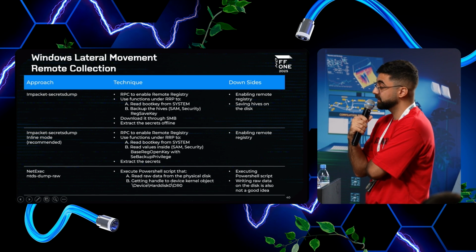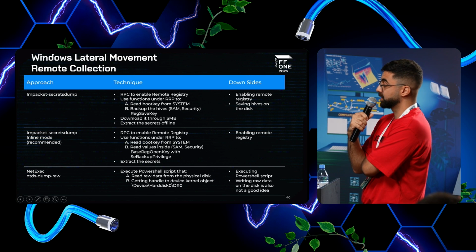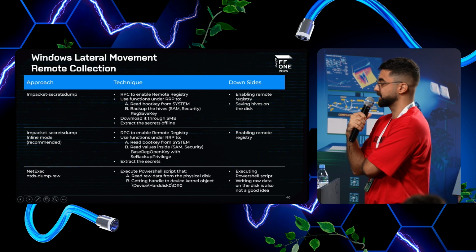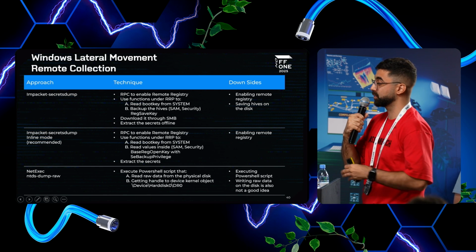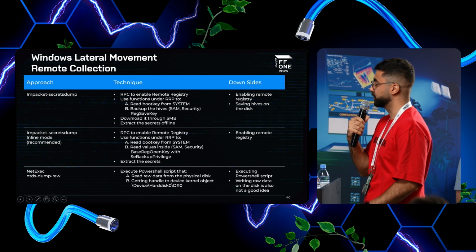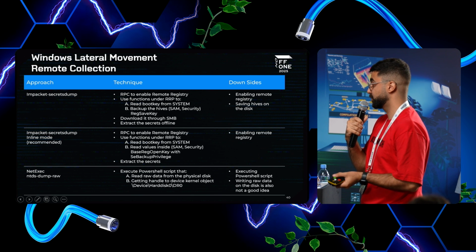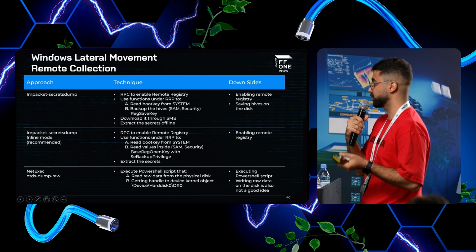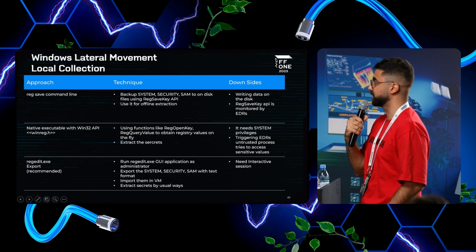So what it does is execute a PowerShell script that reads raw data from the physical disk by getting a handle for the kernel object that represents this physical disk. After that, it parses at specific offsets where NTDS, SAM and security are, and does the decryption offline. The downsides: executing PowerShell scripts is not a good idea, and writing this raw data on the disk is also not a good idea.